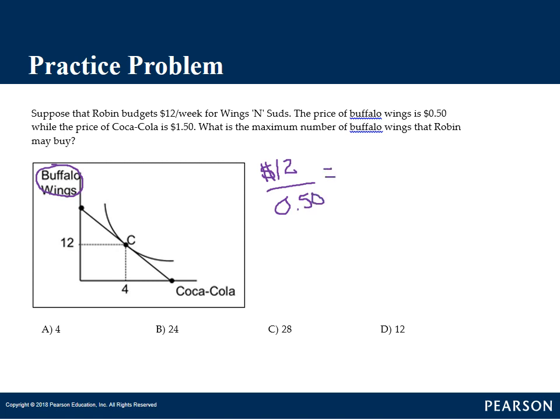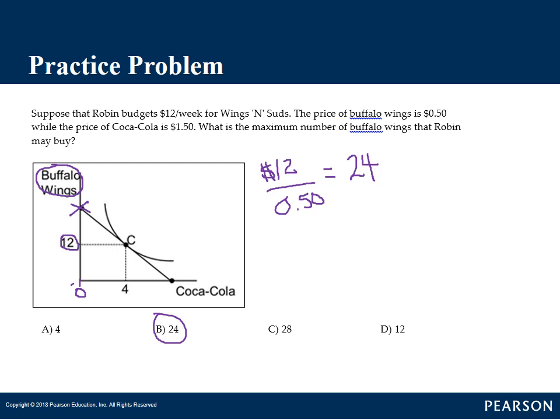And anytime you're dividing something by a half, you're actually multiplying it by 2. So he could purchase 24 wings. So we can see here that this is 12, halfway up is 12, and if he was buying 0 Cokes on this graph, he would be able to purchase 24 wings, and that's what this chart indicates as well. So the answer to that would be B.